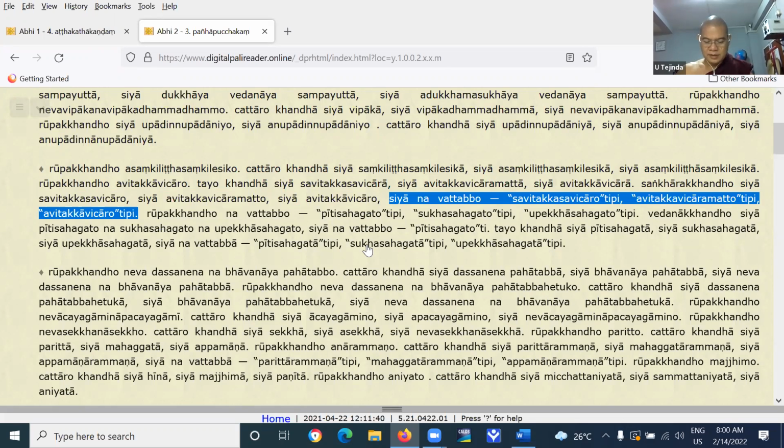So they should not be said to be Savitaka Savichara, Avitaka Vichara Mata, Avitaka Avichara.